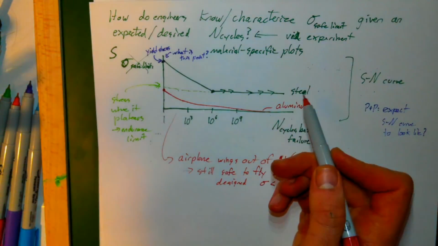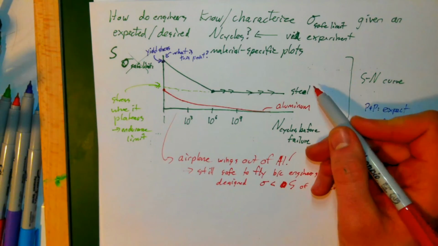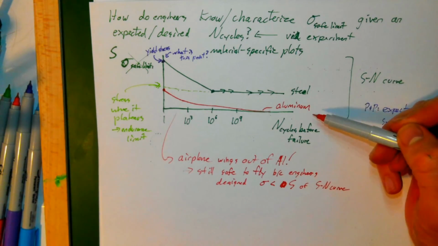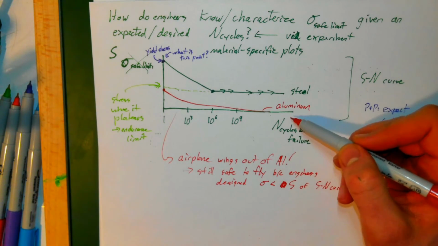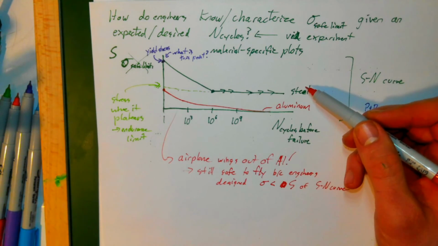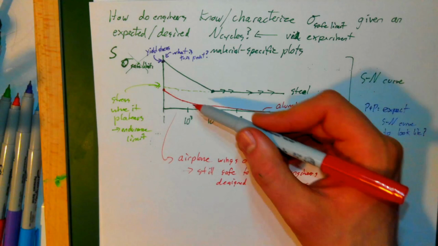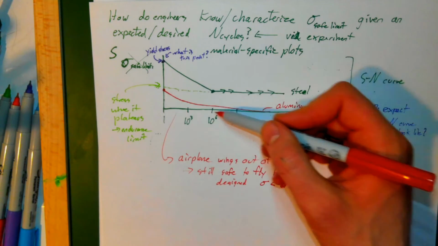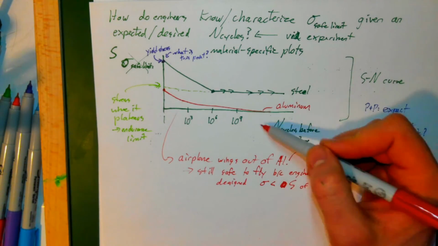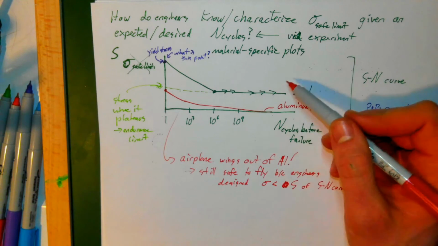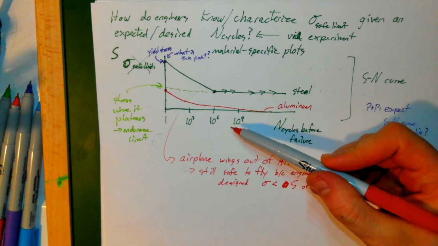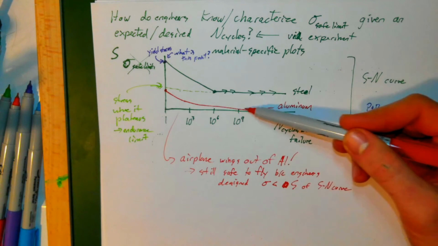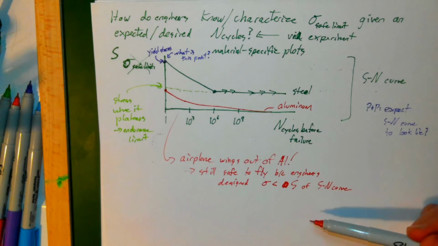So why do airplane designers make airplanes out of aluminum versus steel? Well, the strength to weight ratio for aluminum is a lot better than steel. So even though we anticipate this decrease in performance with the number of cycles, it's still a better design choice to use aluminum than steel for airplane wings, even given the loss in performance with the number of cycles that we expect.